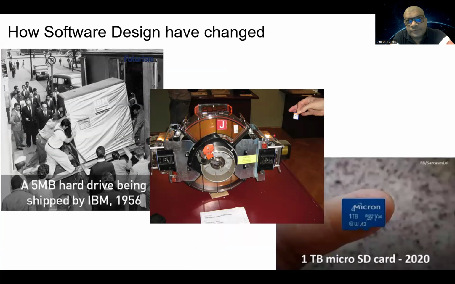With respect to software design patterns, depending on other factors, patterns may have changed. You are seeing a photo here, the first photo, a 5 MB hard drive. Yes, it's correct, a 5 MB hard drive.